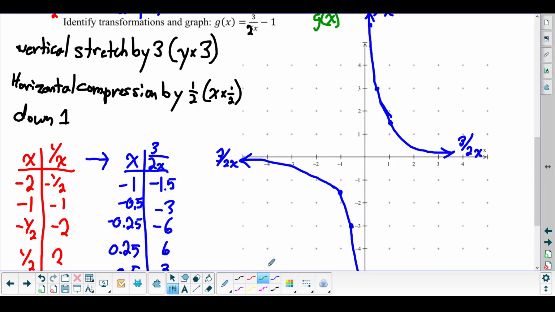Okay, so use our asymptote, move it down 1. Take all our points, move them down 1. So this is going to go down to 5, down to 2, down to 0.5.